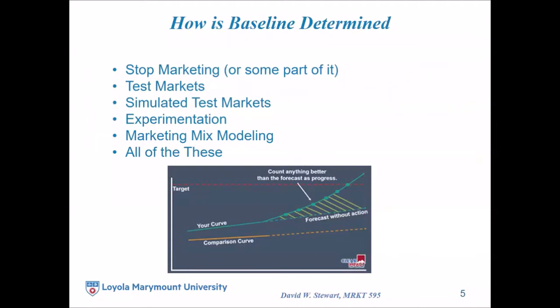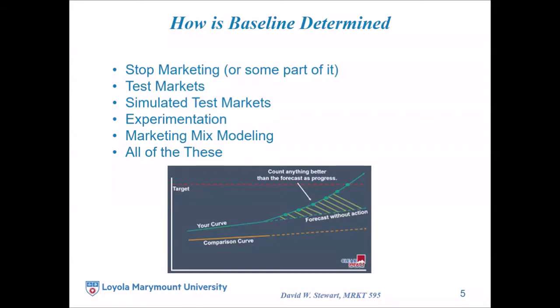So how do you determine baseline? We've talked about a couple of examples already. I can stop marketing altogether, or some part of marketing, and see what happens. By the way, small businesses often do this. They just go dark for a week and see what happens.